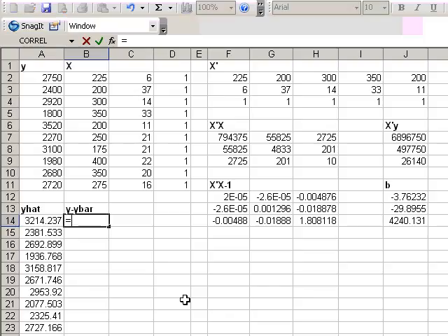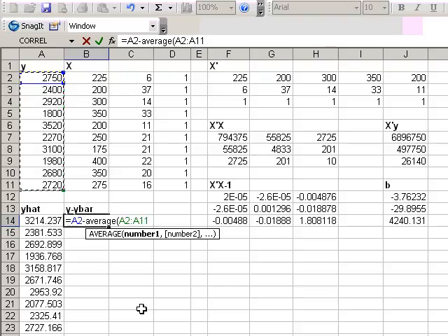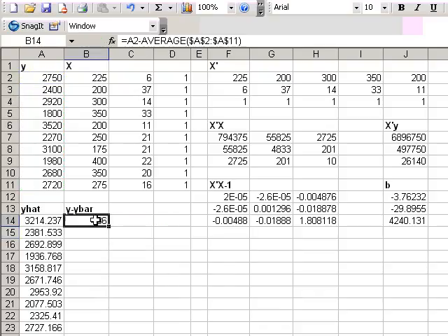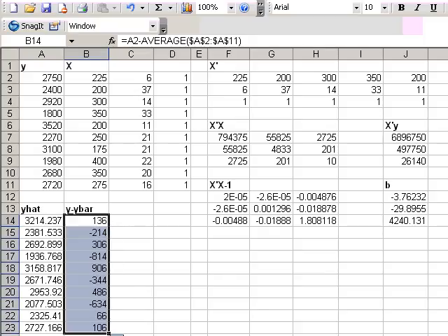This can be found by typing in equal the first value of y minus the average of all of the y's, and we'll fix these with an F4, so we will always be using the same set of numbers. Then enter, and this is the first difference value, and if I copy this all the way down, these are all of the values of y minus y bar.